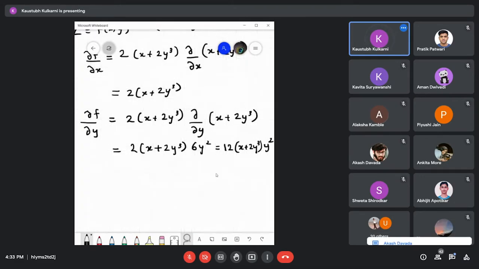Okay. Next is trigonometric functions. If you remember the derivatives of trigonometric functions, z is equal to f of xy is equal to x cos y plus y.